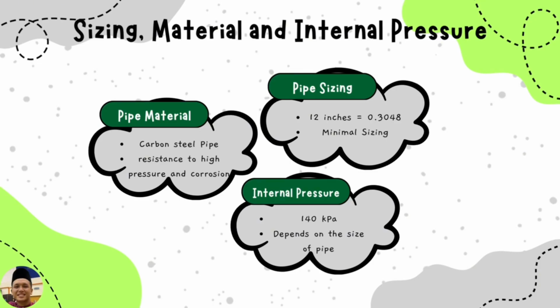So this pressure can flow in this pipe and may vary depending on the size of the pipe. For material, we choose carbon steel pipe because the material is usually used to flow water, and due to its resistance to high pressure and prevention of corrosion.